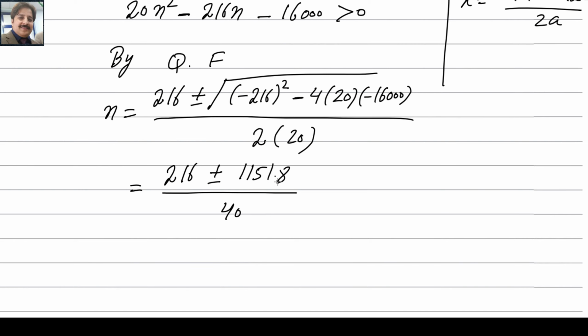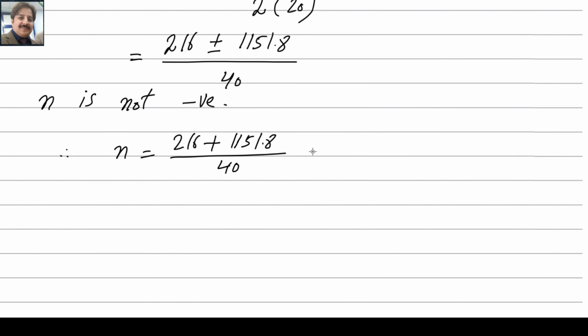N cannot be negative, so taking only the positive value. You can write over here n is not negative. Therefore, we can write as n equals 216 plus 1151.8 divided by 40. You get the answer as 34.2.